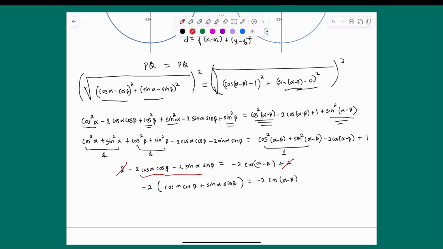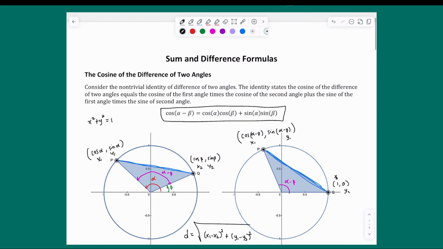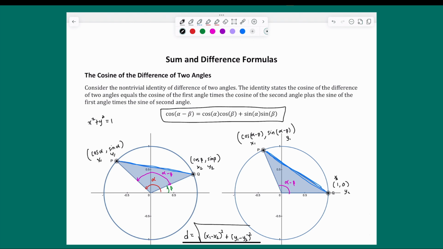And so if you divide both sides by negative 2, you get the identity that we want. So cosine alpha cosine beta plus sine alpha sine beta equals cosine alpha minus beta. And that there is the difference of two-angle cosine formula, which is what we wanted to prove up here in the box here.